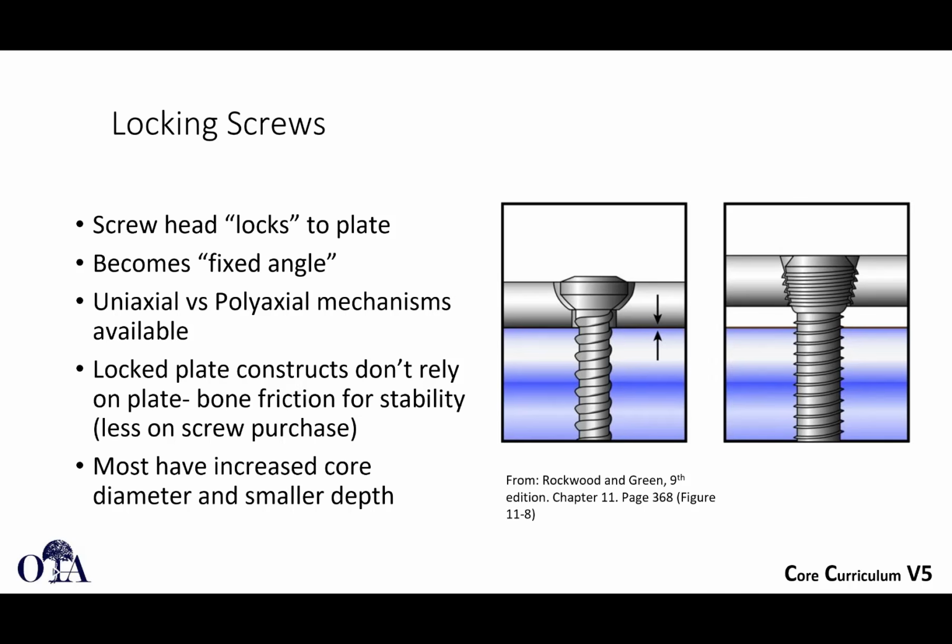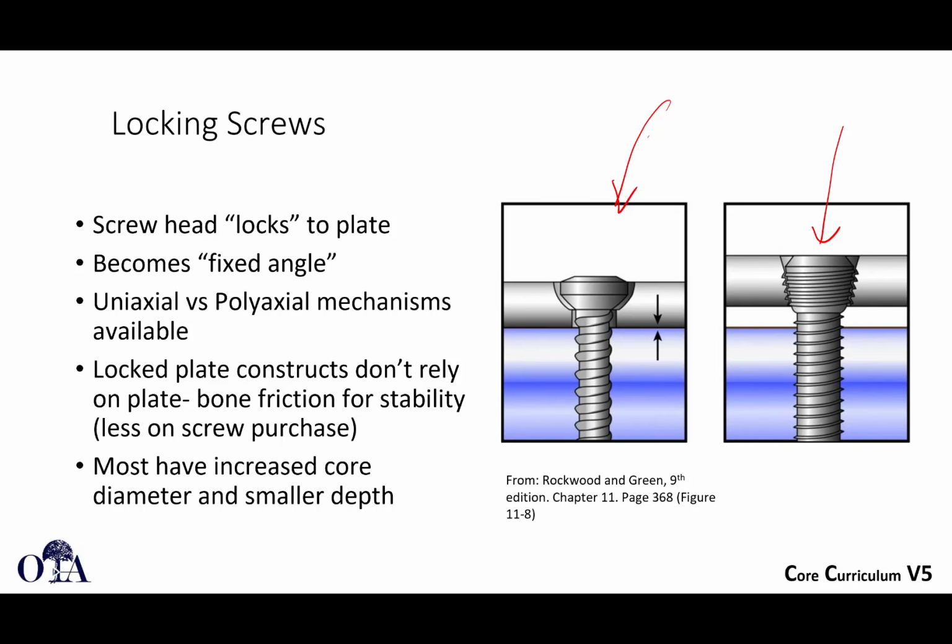What about locked screws? With a standard screw, as shown here, you can see the screw head just centers itself inside the hole and has this shape that recesses nicely there, but it doesn't lock. If you look at the locked screw over here, you can see this screw has threads, and the threads match, in this particular plate design, the threads in the screw hole.